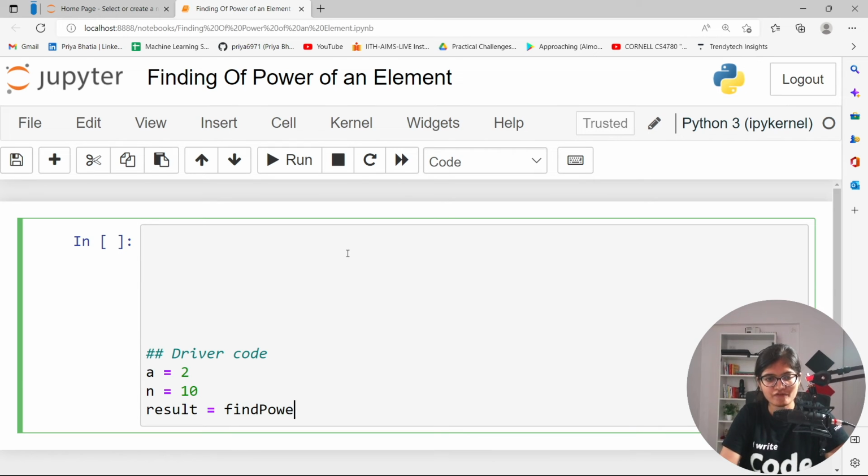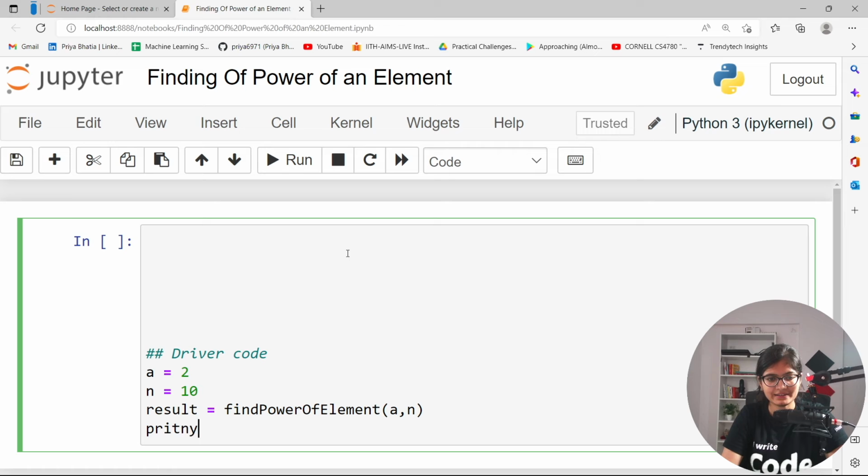So finding the power of an element, okay? And inside that, I am passing the value of a and n. I can print the statement by saying that the power of an element is, and here you can simply mention the result value, right? I hope it's very simple.